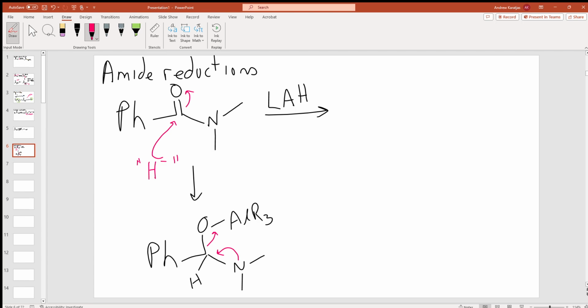But because of the lone pair on nitrogen, this reaction takes a different pathway. This forms an iminium ion.